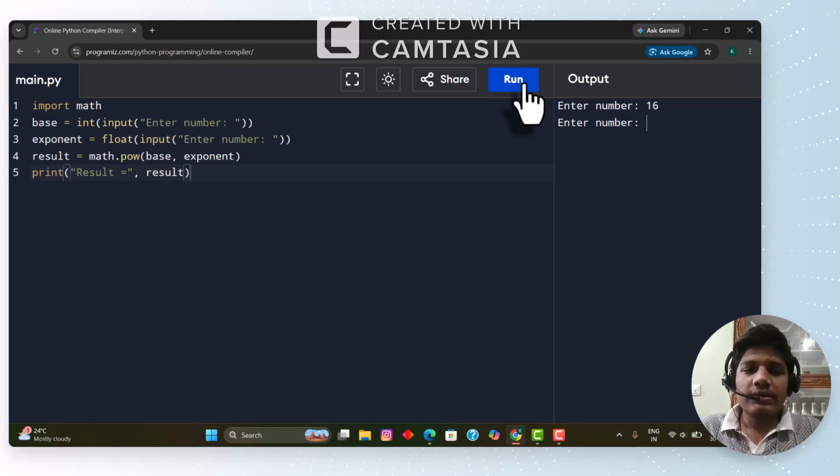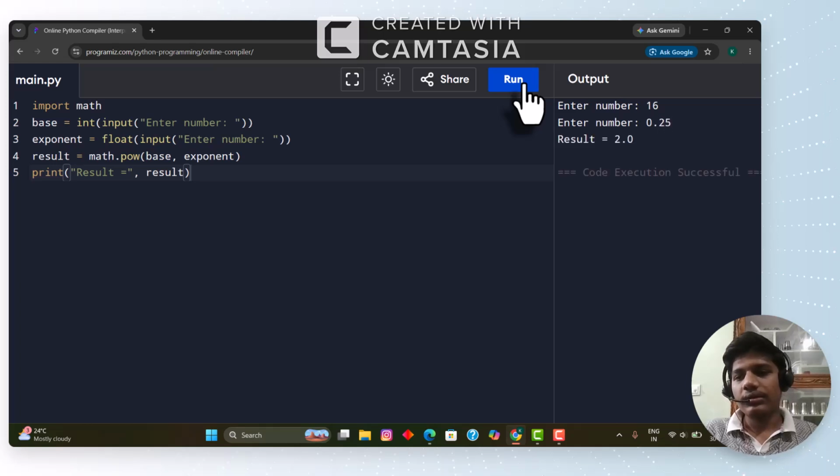So what is the value of 1 by 4? 1 by 4 has an exact value, which is 0.25. Enter 2. Here 2 power 4 is 16. So we are getting 2.